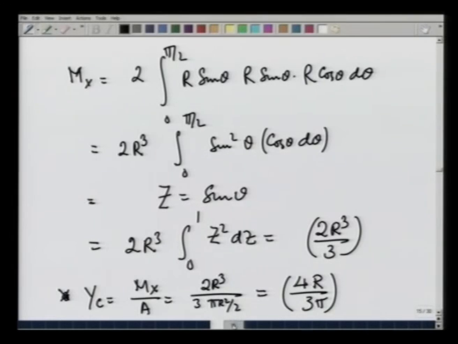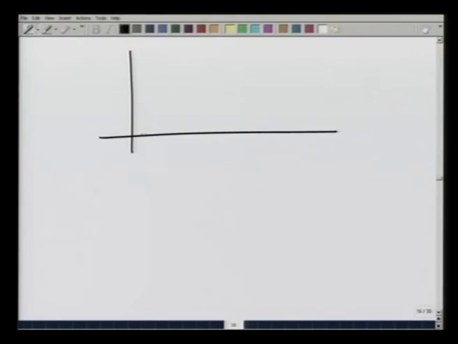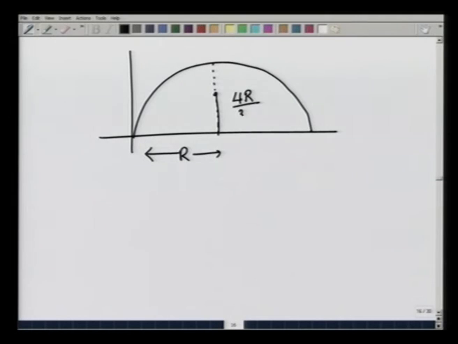Therefore, if I look at this semicircular area, its centroid is at a distance r and at a height of 4 r over 3 pi.